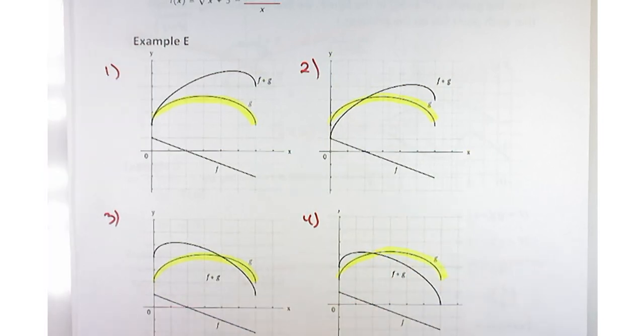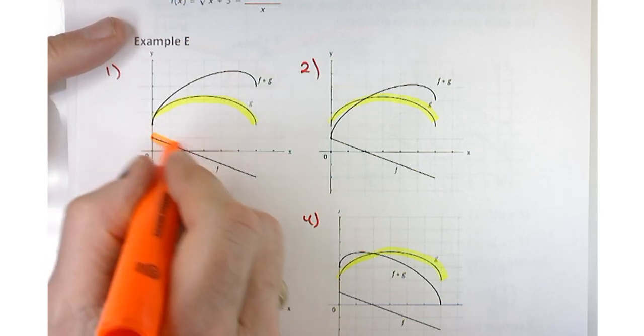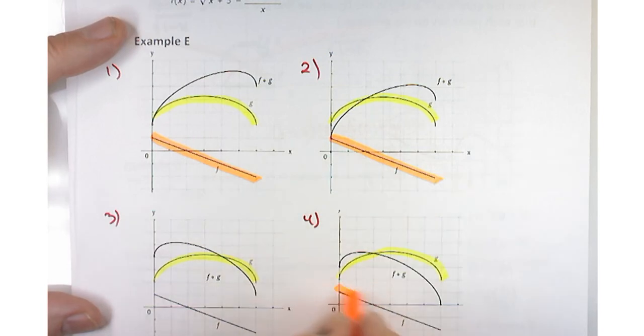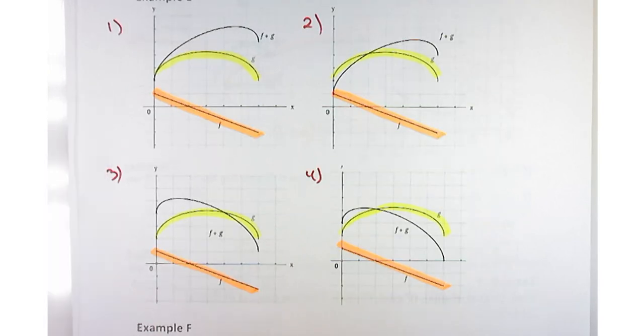And then this other graph is our f of x, which is a downward sloping line. And we want to add up and see what we get when we have f plus g of x.